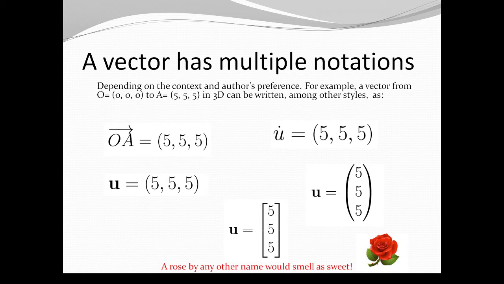For example, a vector from the origin to a point in the 3D space 5, 5, 5 can be written, among many other formats, as OA with an arrow, meaning we are going from the origin to the point A. It can be a lowercase letter with a dot at the top, and we assume the vector starts from the origin.